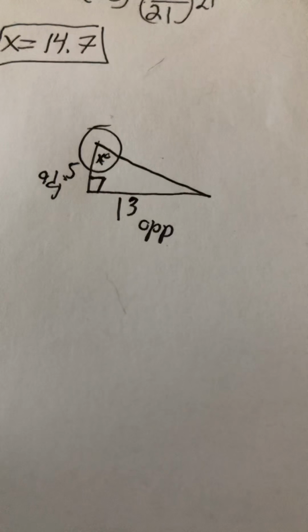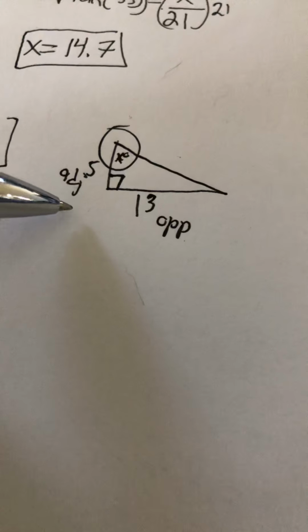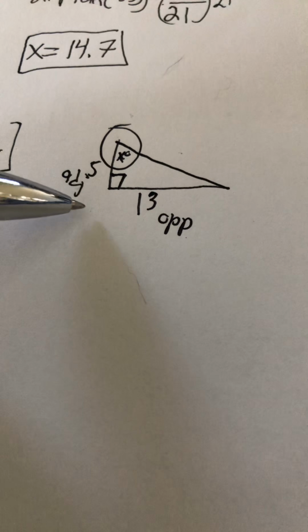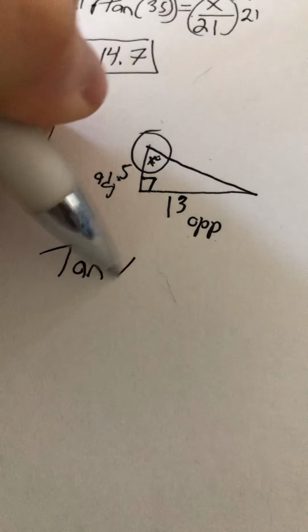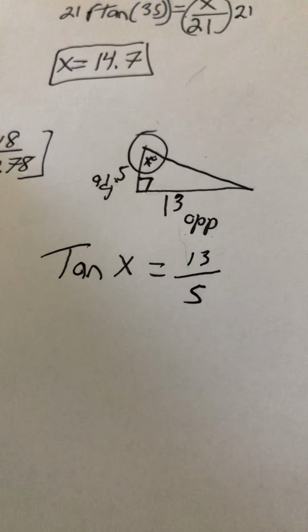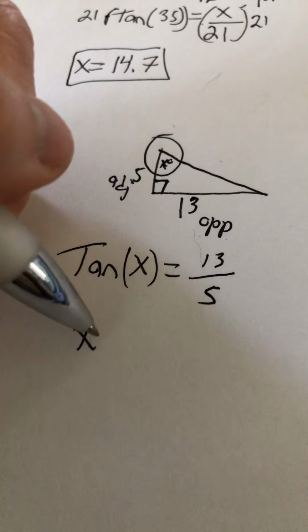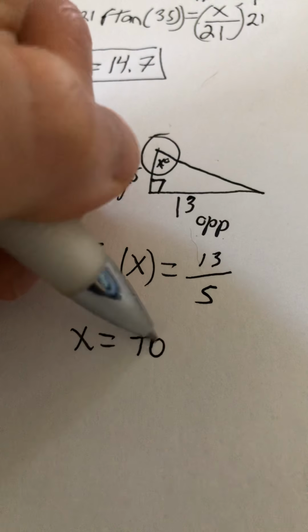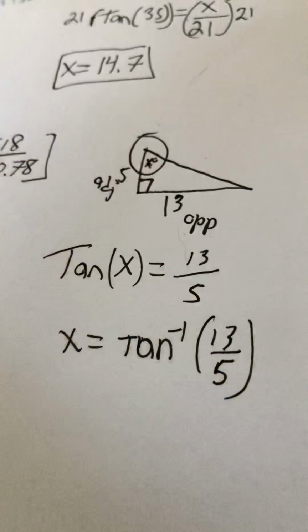So trig ratio that deals with an adjacent and an opposite. Some old hippie, no hippie here, caught another hippie, no hippie here, tripping on applesauce. That's the one we want to use, so we're going to use the tan. So tan of x equals our opposite over the adjacent. So to undo our tan function, our x is going to equal the inverse tan of 13 over 5.